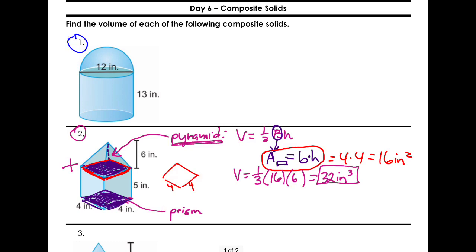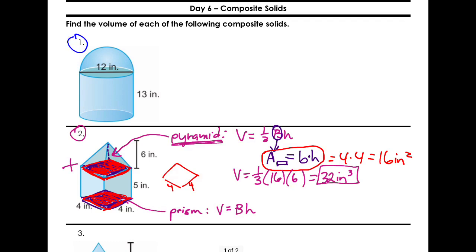Now for the volume of the prism. Remember, the volume for a prism is the simplest volume formula there is, which is big B times H. As I mentioned earlier, the base of the pyramid, which I'm now drawing in red, is the exact same size and shape as the base for the rectangular prism.